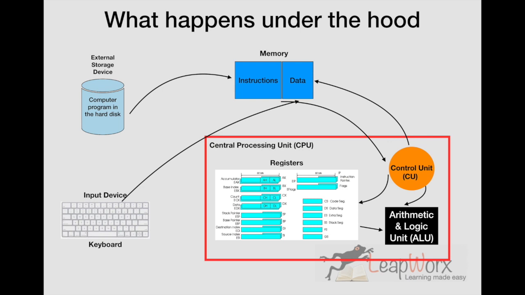And at some point, the calculation is all done and the data has to be displayed. Then the data goes to the output device, probably an LCD screen, but you can have other output devices. Speakers are output devices, a printer is an output device. So there could be any output device where the data goes.